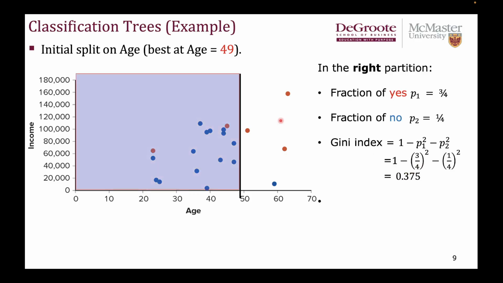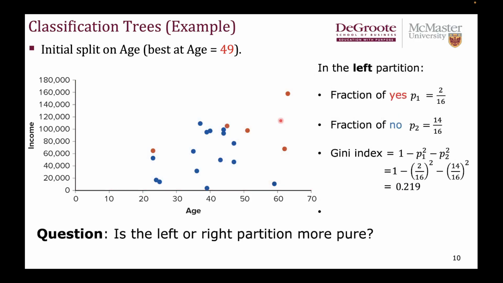We can do the same thing for the left region. We look at all those points to the left of the age threshold 49 years old. We check how many yeses we have. That's 2 yeses, 2 red points. Out of the total, if you count it, it's 16 data points to the left of age threshold 49. So it's 2 out of 16, the fraction of yeses to the left.